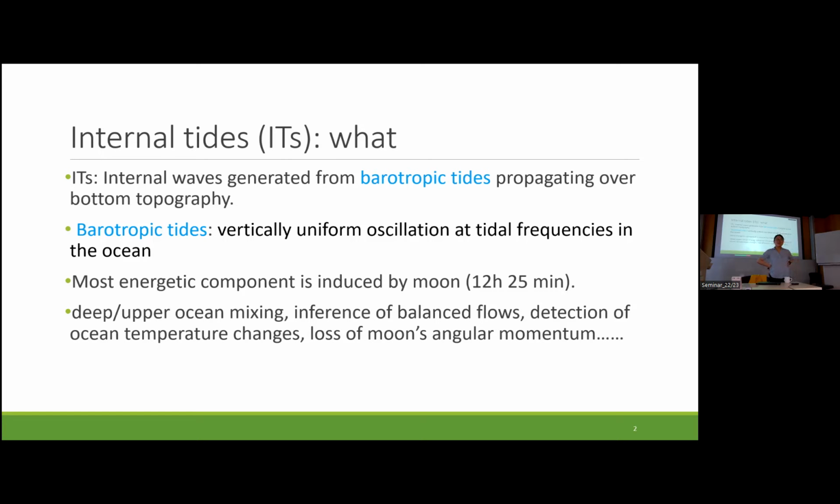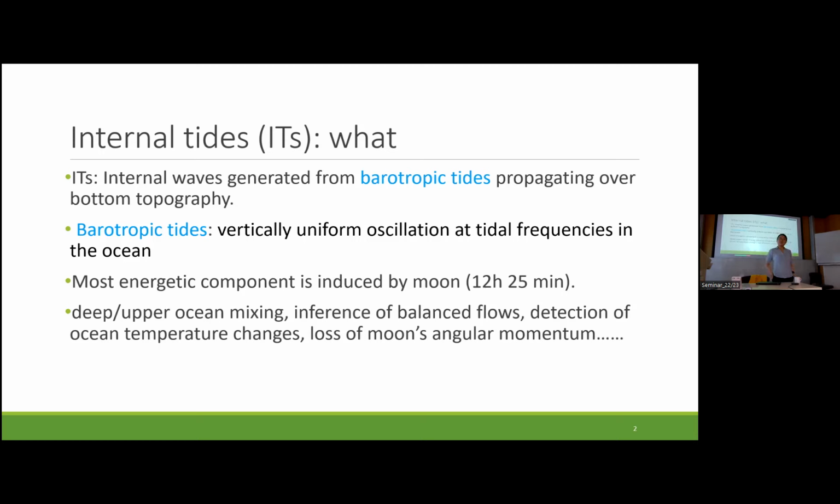And they are a very important signal for oceanographers for many reasons. For example, they can be part of the explanation for why the mixing is happening in the deep or upper ocean. And it can also affect people who want to infer balanced flows from satellite observations. In that scenario, the internal tides are an important source of noise they want to get rid of.